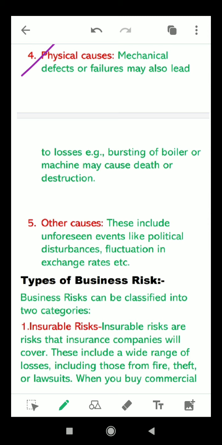And our 5th point is other causes or political causes. So these include unforeseen events like political disturbance or fluctuation in exchange rates, etc. So I am taking an example of political causes. See, political causes arise due to unstable government policy and ideology of ruling party.